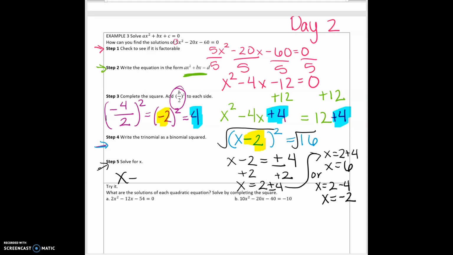So our answer is x equals 6 or x equals negative 2. And that's that one. So now go ahead and try the next two. Remember to pause the video and then give those a try.